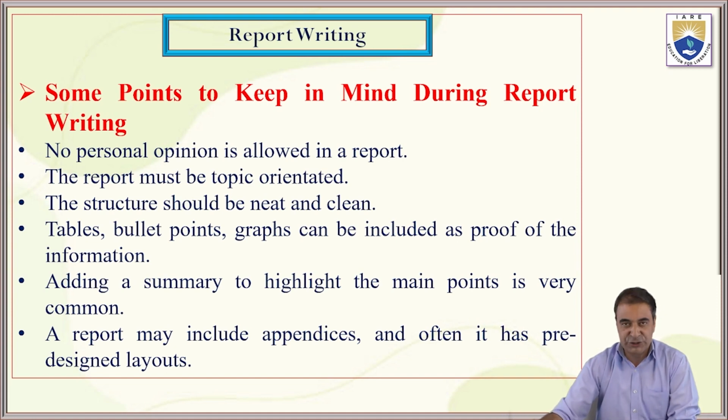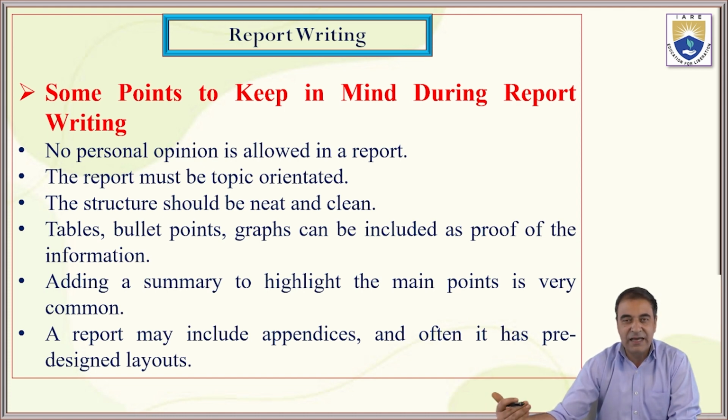We can't take digressions, so we can't deviate from the title. That's why the report is topic oriented. Here we can't change the topic. And the next one is this: the structure should be neat and clean, and it should be well structured. Every piece of information should be put in a logical order.